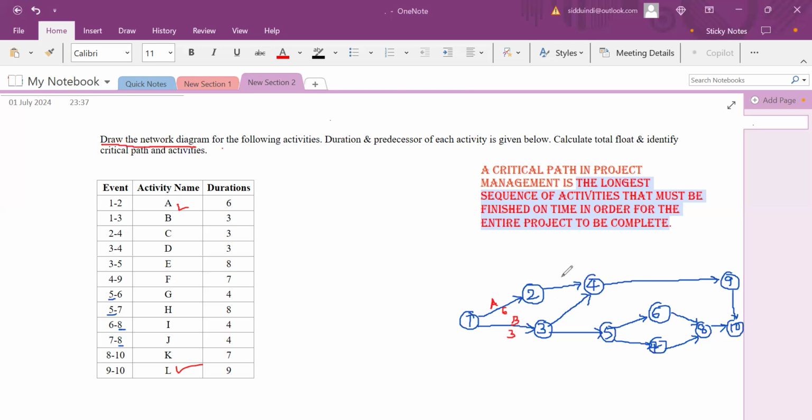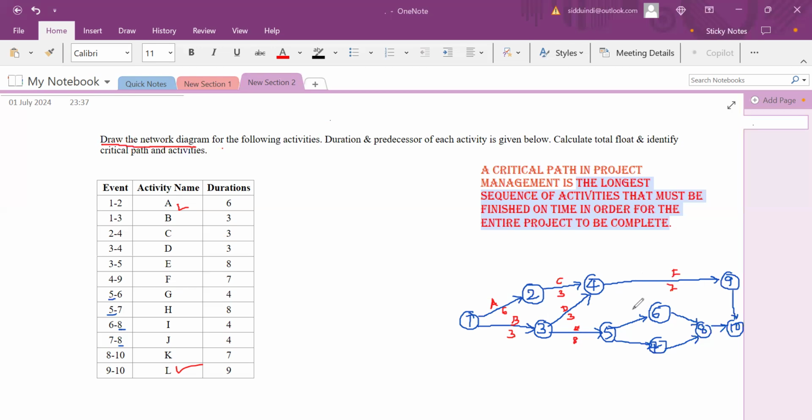From 2 to 4 it is C, duration is 3. Next from 3 to 4 it is D, duration is 3 again. From 3 to 5 it is E, duration is 8. Next from 4 to 9 it is F, duration is 7.